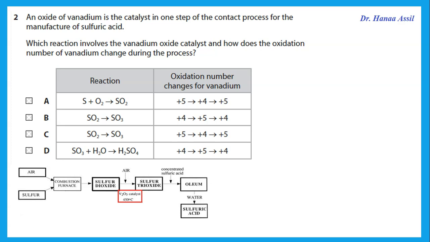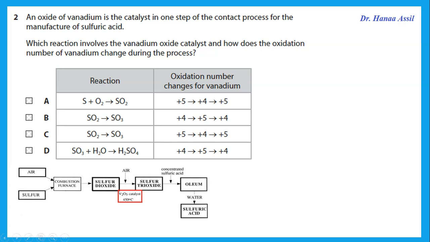This involves burning of sulfur in air to form sulfur dioxide, and then the sulfur dioxide is changed into sulfur trioxide using the V2O5 catalyst. So actually our reaction that we're talking about is SO2 going to SO3.